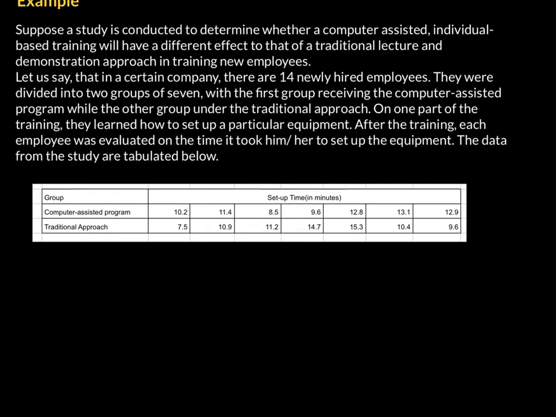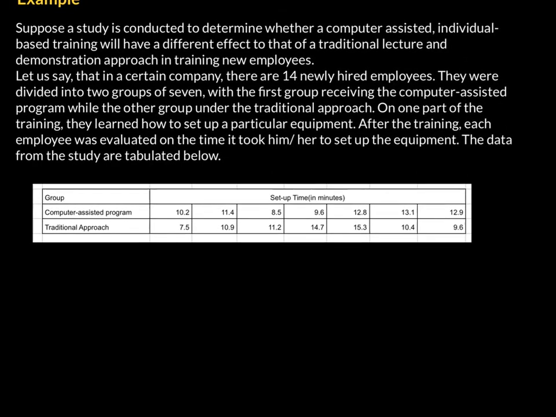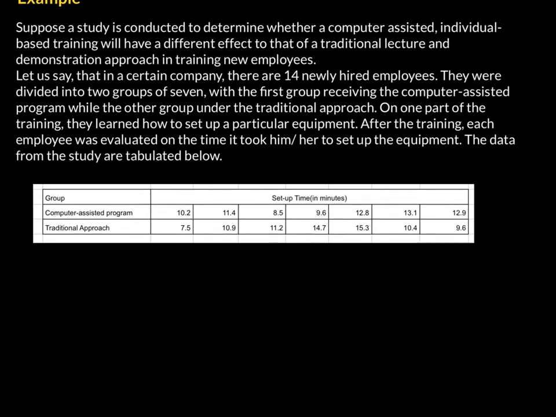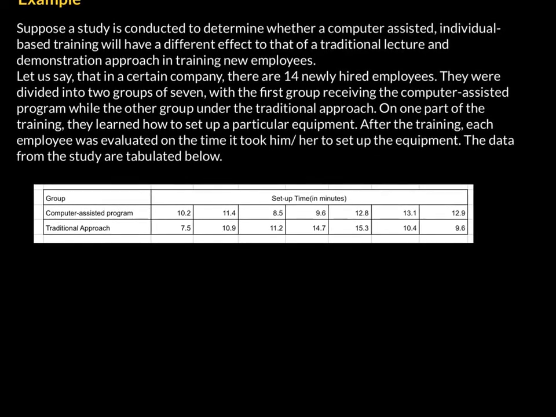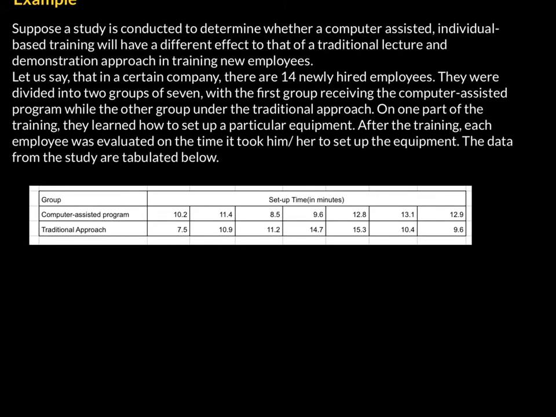The sample means are not yet given, and the standard deviations or variances are not yet given, so we have to compute these values. Prepare your calculator for the computation. I'll do my computation and then write the values once I complete it.